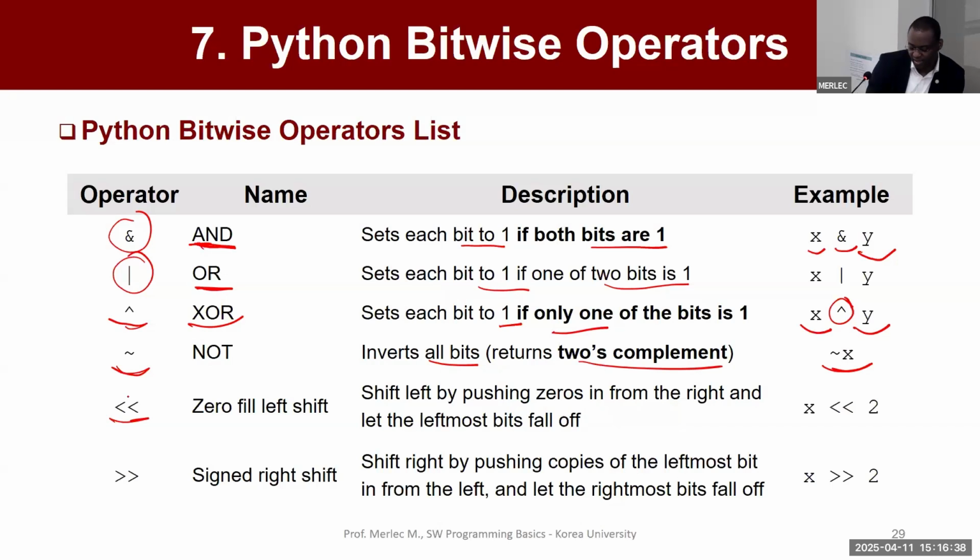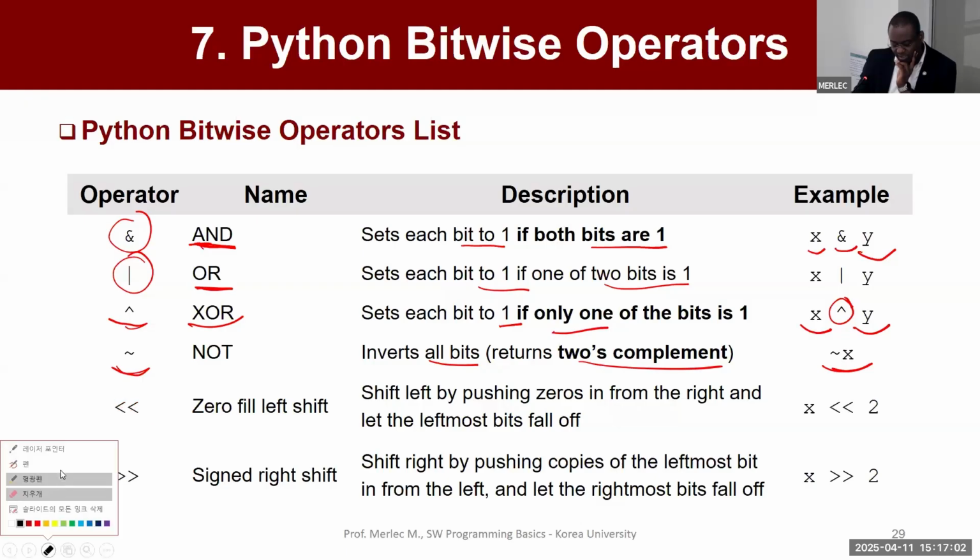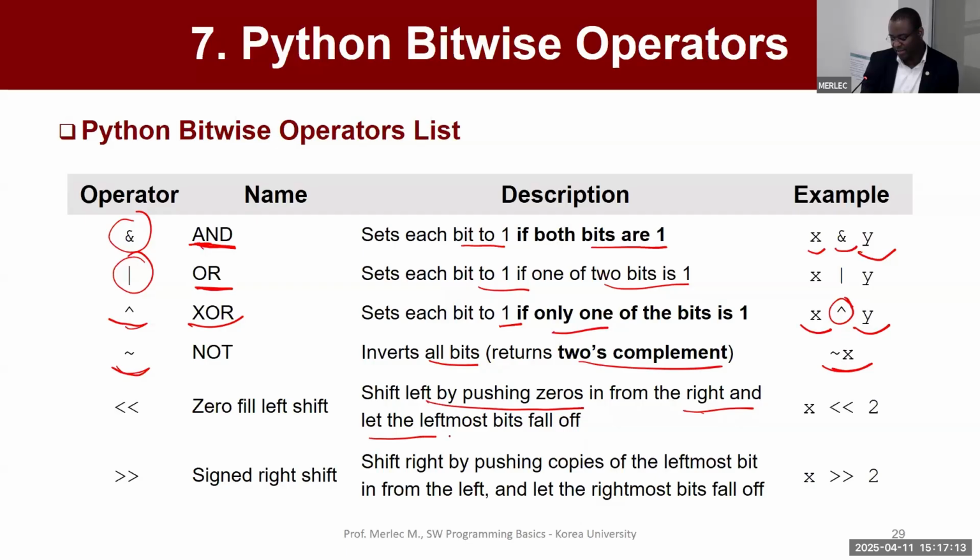You use the superior symbol, the one we use in logical expressions for testing greater values. You can use this combination to implement the zero-fill left shift. The zero-fill left shift shifts left by pushing zeros in from the right, and the leftmost bits fall off.